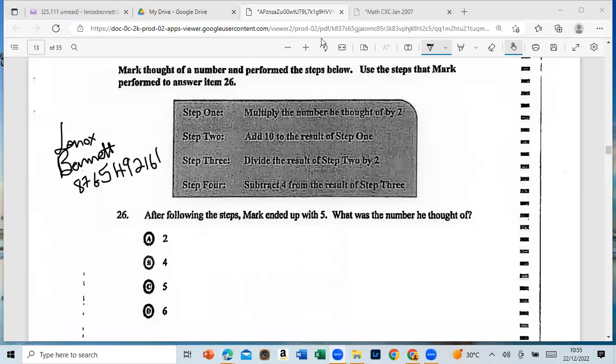So Joshua, what's the answer? Type in the answer. All right, let me see Gitania's. All right, Gitania, she did it a different way, but that's fine also.